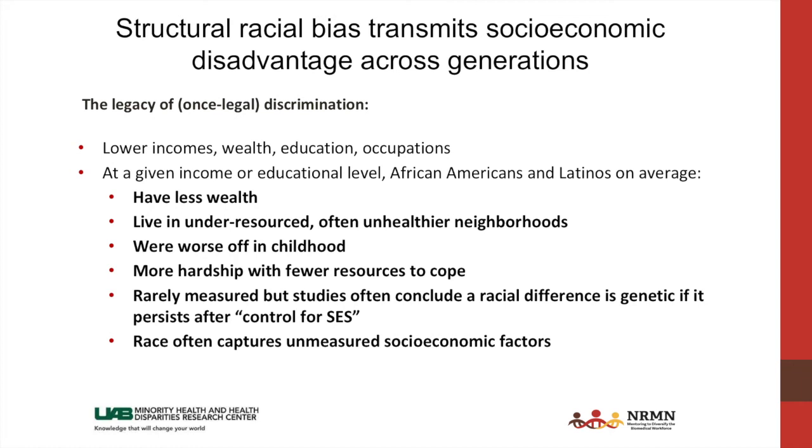They have more hardship with fewer resources. Also, rarely in our studies do we measure and conclude how racial differences impact socioeconomic and health disparities. But also, we always say that this may be due to genetic factors, not to socioeconomic factors.